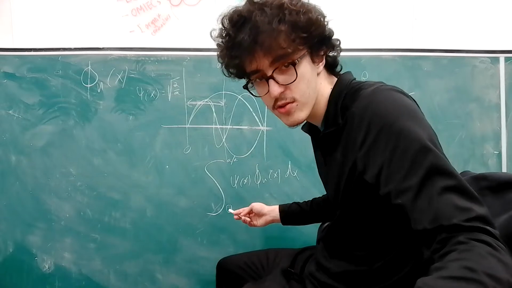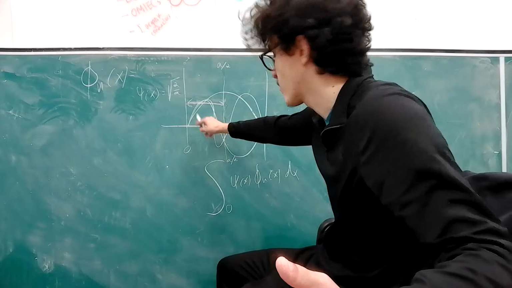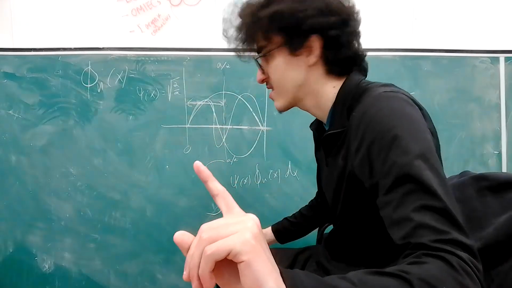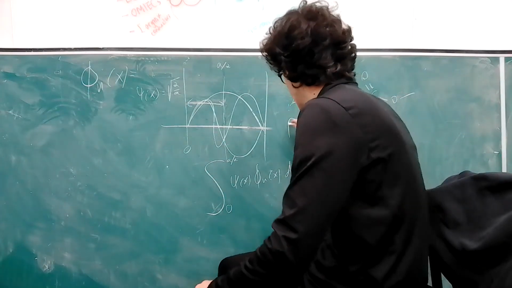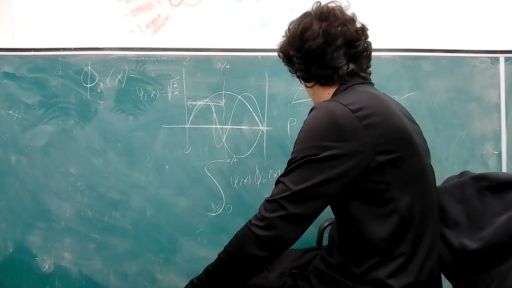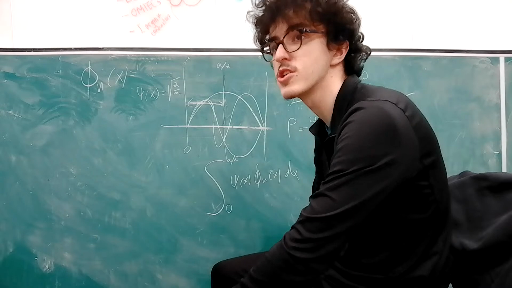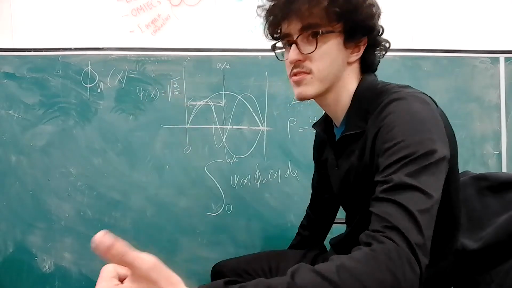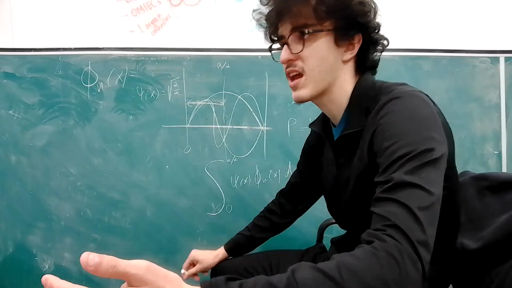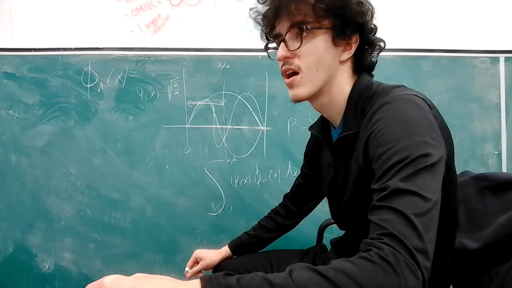But the answer you get, the probability of getting the ground state and the probability of getting the first excited state, so n equals 2, they're both 4 over pi squared, which is about a 40% chance for each. So you get a total 80% chance of getting n equals 1 or n equals 2.